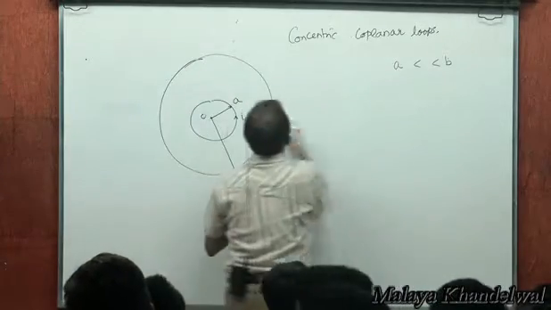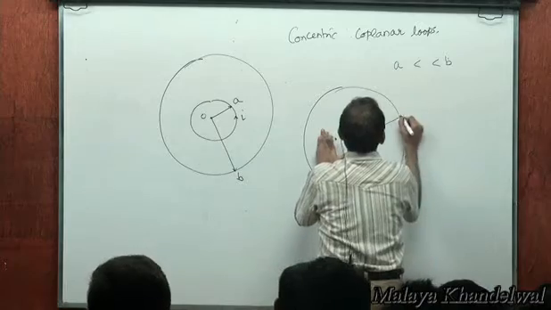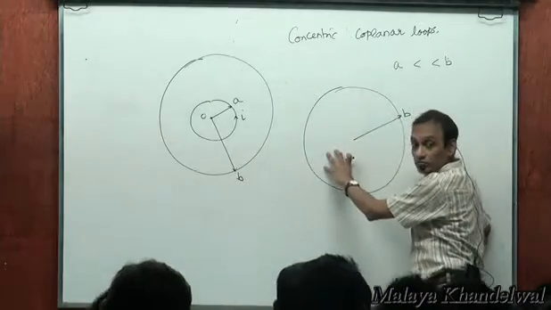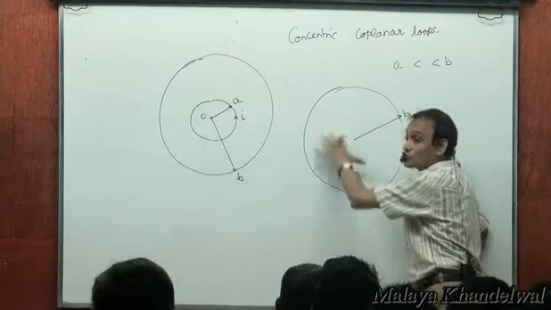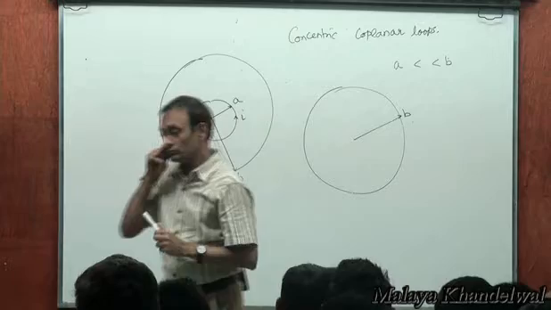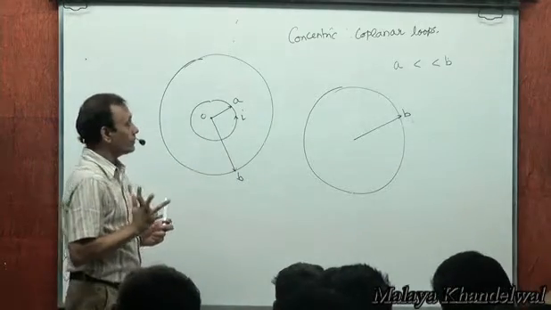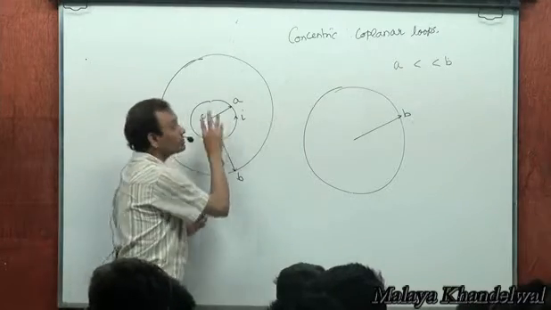That means this current I will produce in this region a magnetic field. There would be a flux associated with it. Now, realize that this is really small.